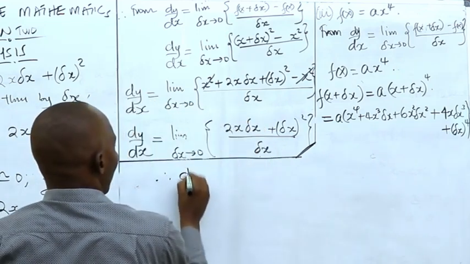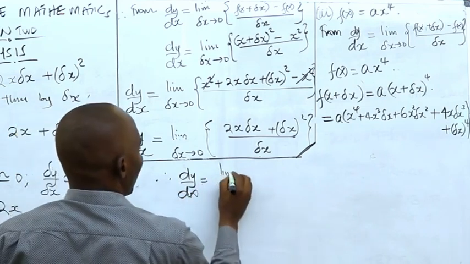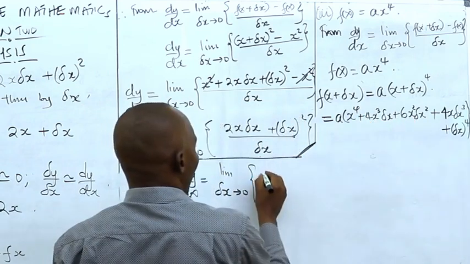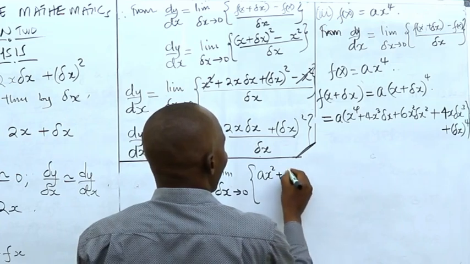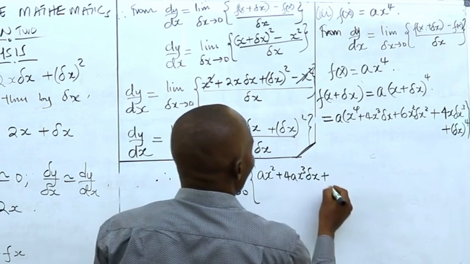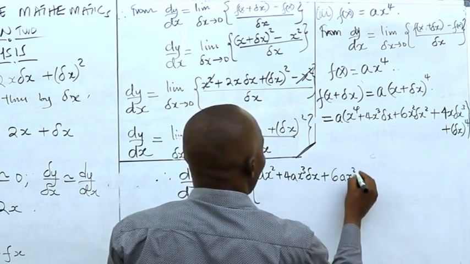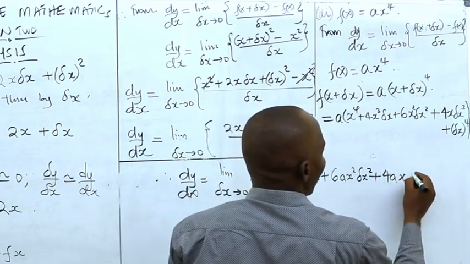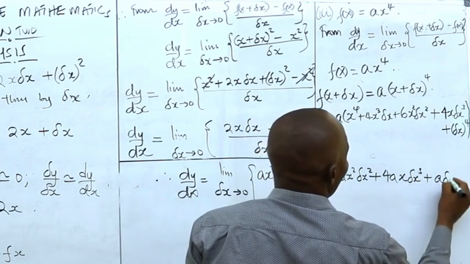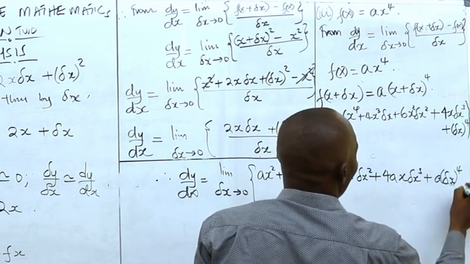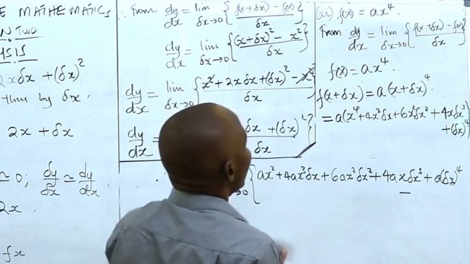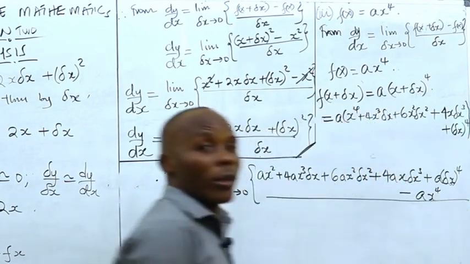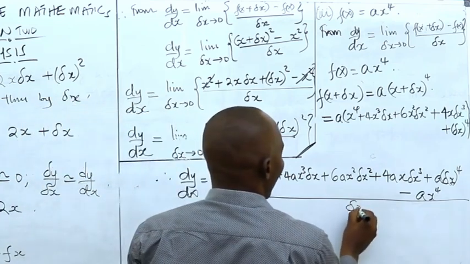I have therefore dy dx as the limit as delta x tends to 0 of my f of x plus delta x, which is ax to the power 4 plus 4ax cubed delta x plus 6ax squared delta x squared plus 4ax delta x cubed plus a delta x to the power 4, then minus my f of x, which is ax to the power 4, then everything is over delta x.